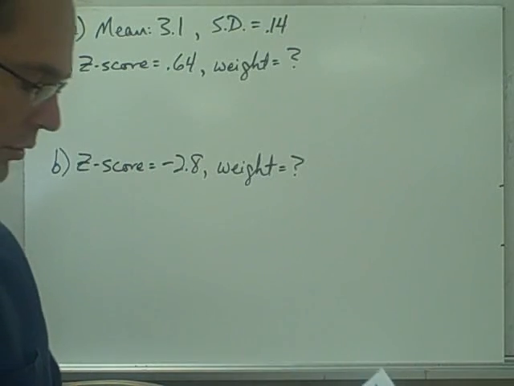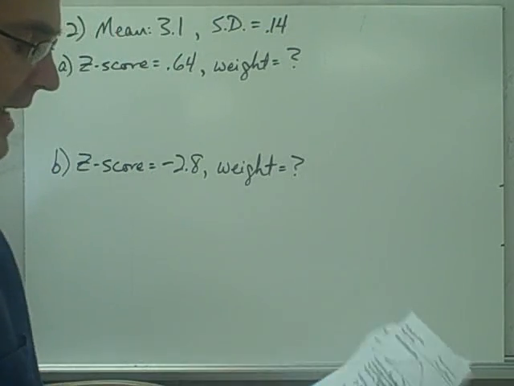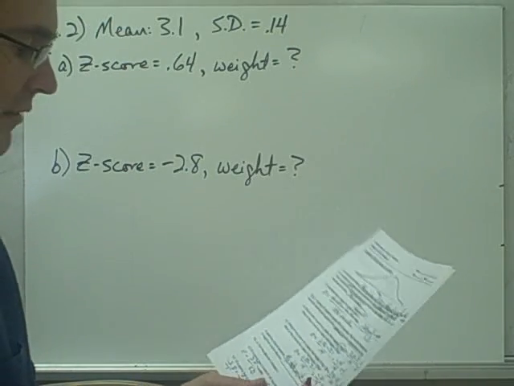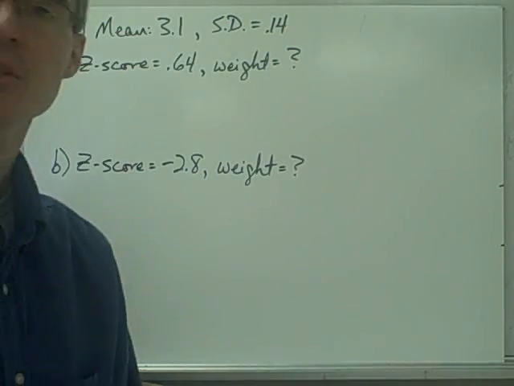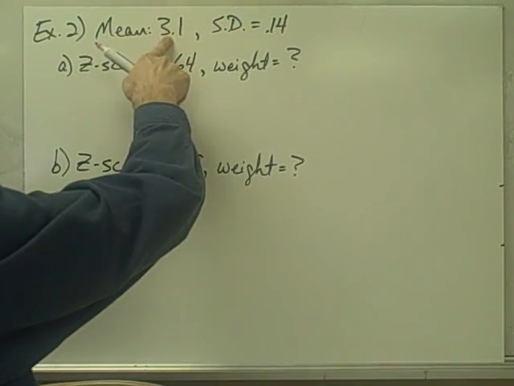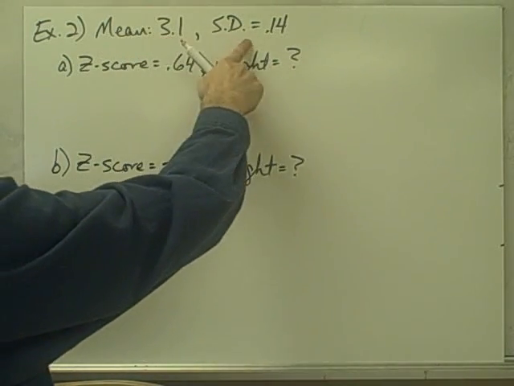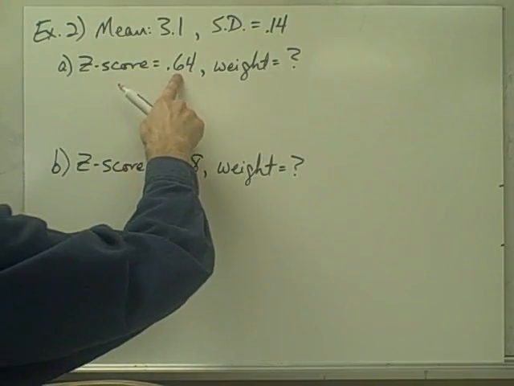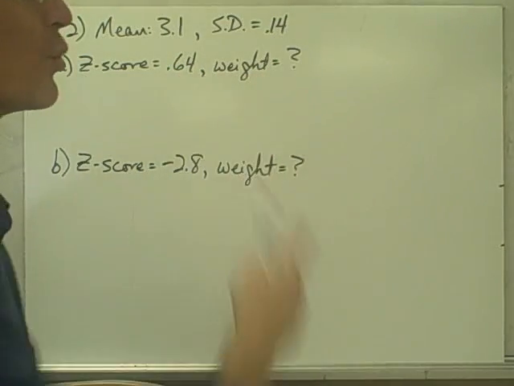Okay, example number 2. It says for the same data set in example 1, if a penny has a z-score of 0.64, how much does it weigh? Okay, so we've got our same data set that we had before. Our pennies have a mean weight of 3.1, a standard deviation of 0.14. This time, however, we're given the z-score and we're asked to come up with the weight of the penny.